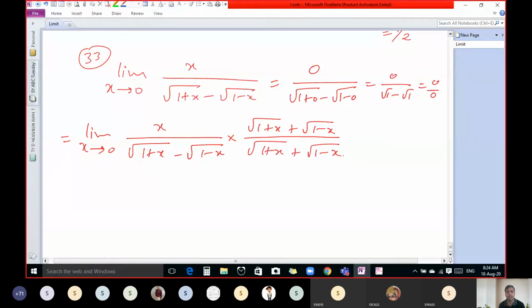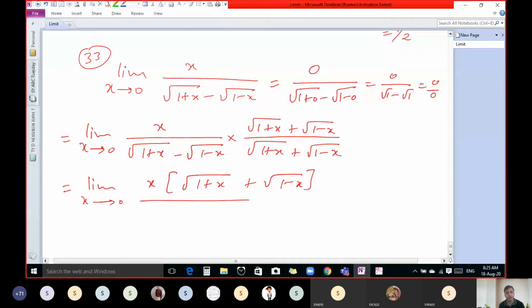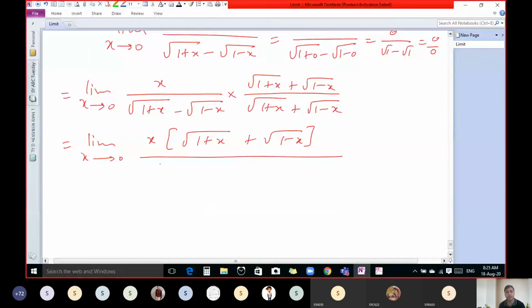And now simplify. So our numerator remains as it is, x in bracket root 1 plus x plus root 1 minus x, that remains as it is. And in denominator what we get, use the same concept, a minus b into a plus b. So just put the square of this term, so root sign will cancel and only we get 1 plus x minus, here we get 1 minus x.